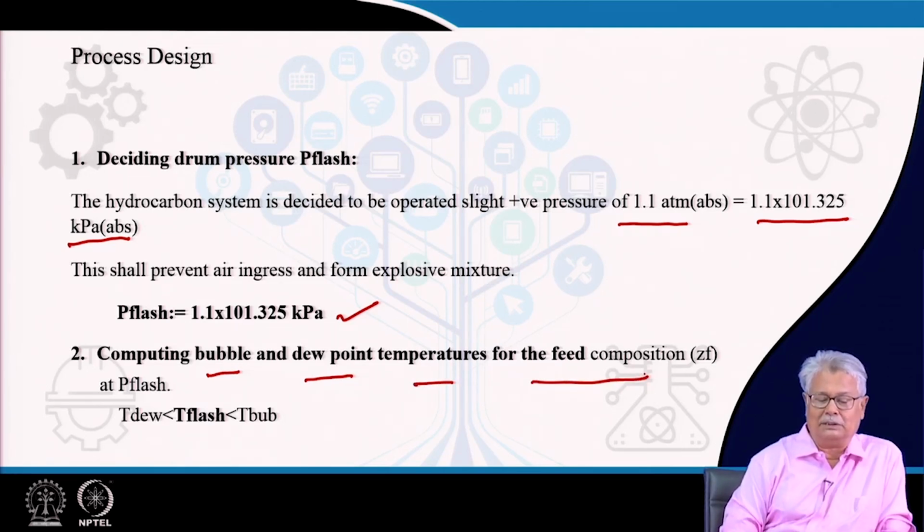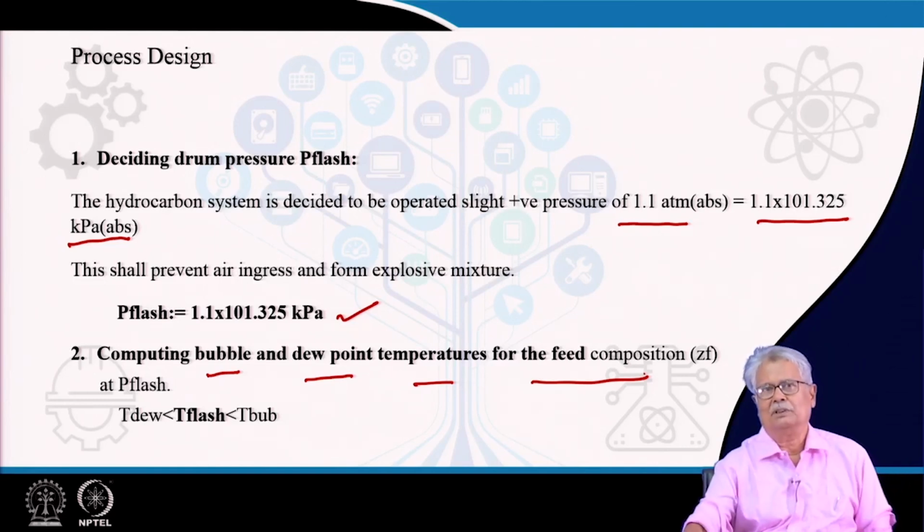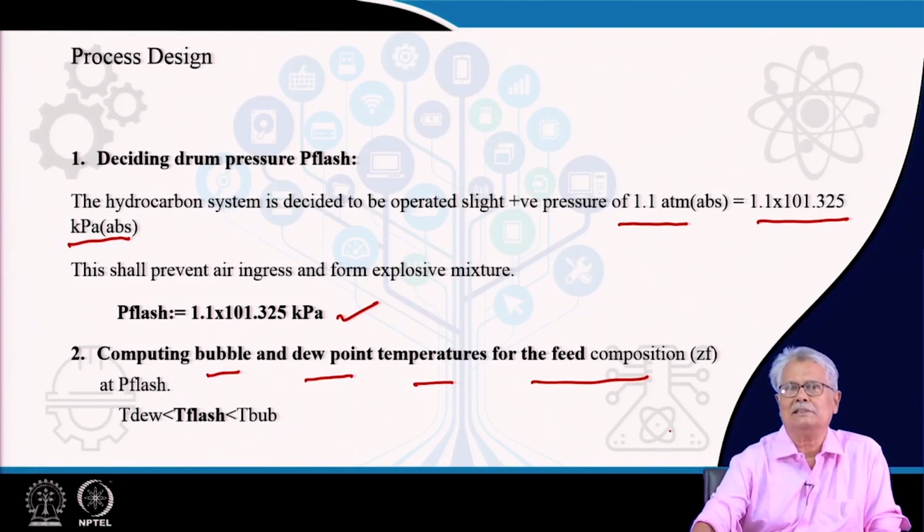Because we know that the feed will vaporize fully at dew point, and it will be 100% liquid at its bubble point. So, obviously, my flash temperature T flash is bound to be something between these two temperature values. So, we move forward to the estimation of dew point and the bubble point.